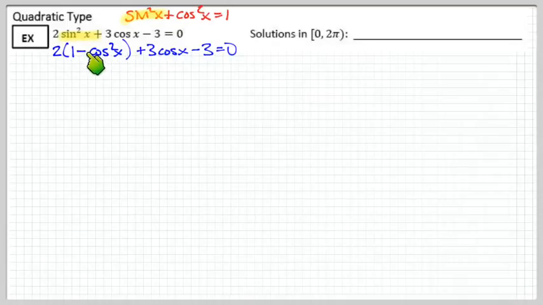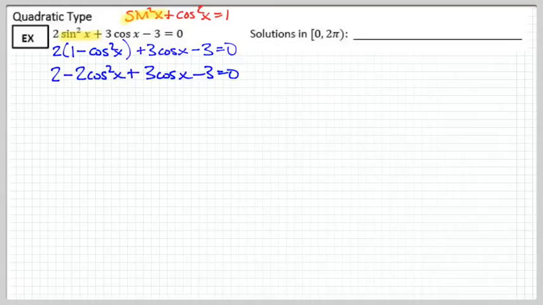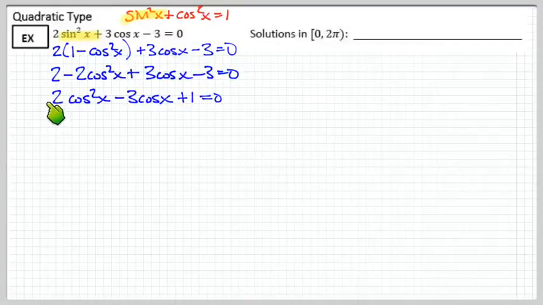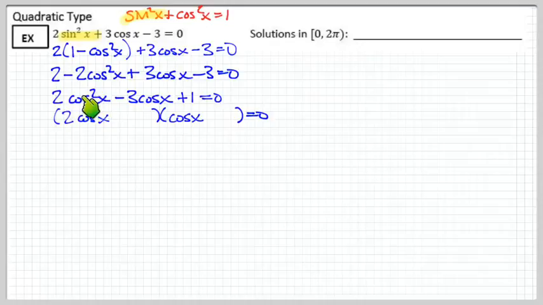We're going to distribute the 2 across here. And then I'm going to rewrite it from highest degree to lowest degree terms. So I have this. Now I'm going to try to factor this. In some ways, what I'm doing is pretending like this is just x: 2 times x squared minus 3x plus 1.